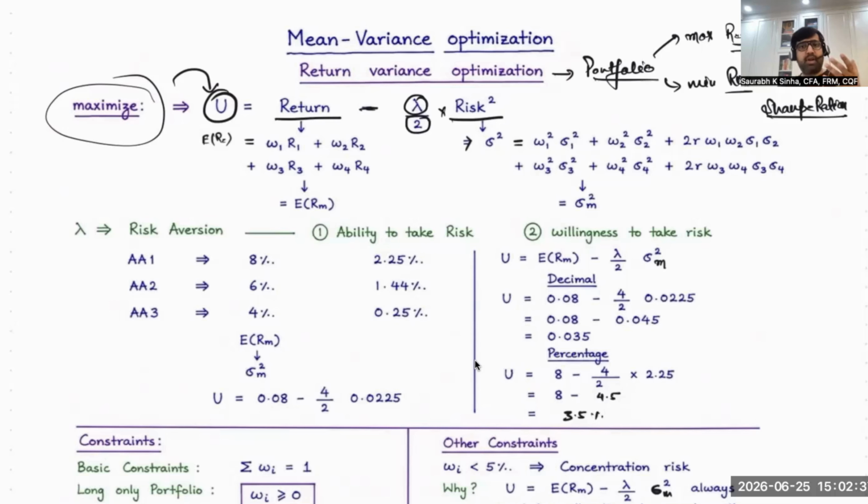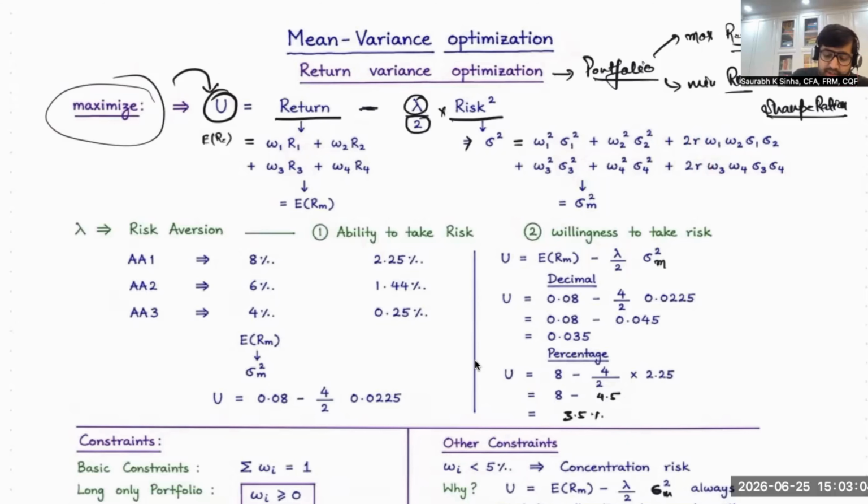Now, when you're trying to maximize, what are the inputs you're aware of? You're aware of the return of the individual asset. You're aware of the standard deviation of the asset in the portfolio. You're aware of the correlation between the assets. So there are three inputs you're aware of.